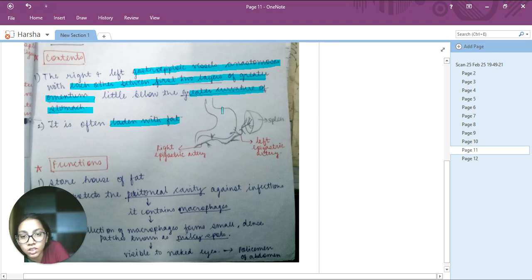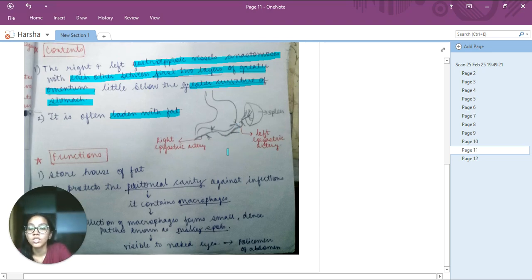So this is the stomach, this is the spleen. Now this particular artery is known as the left gastroepiploic artery, and this one is known as the right gastroepiploic artery. So at the greater omentum, there is a site of anastomosis of the right and the left gastroepiploic arteries.